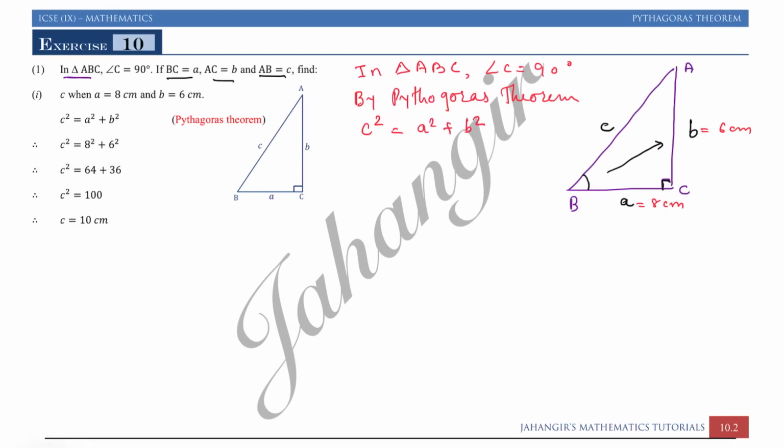So c square is the hypotenuse, so that can be written as c square is equal to a square plus b square. Now I will put in all the values which are given. c square is equal to 8 square plus 6 square. c square is equal to 64 plus 36. c square is equal to 100. So therefore c is equal to 10 centimeter. Okay, hope you understood. This type of question may come. It is a very basic question.